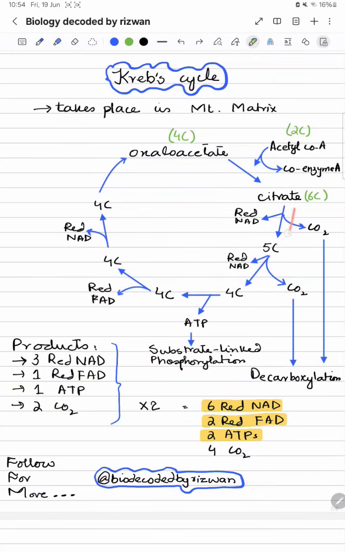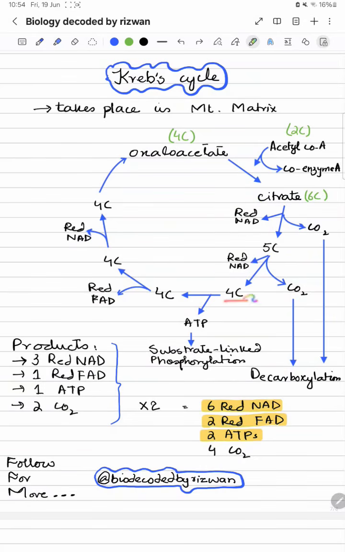Now, in both of these processes, where a 6-carbon is being converted into a 5-carbon and a 5-carbon is being converted into a 4-carbon, you can see that carbon dioxide molecules are removed, which is what we call decarboxylation. And we already know that wherever decarboxylation is going to occur, dehydrogenation is going to occur as well. So you can see, due to dehydrogenation, reduced NADs are formed in these 2 steps.